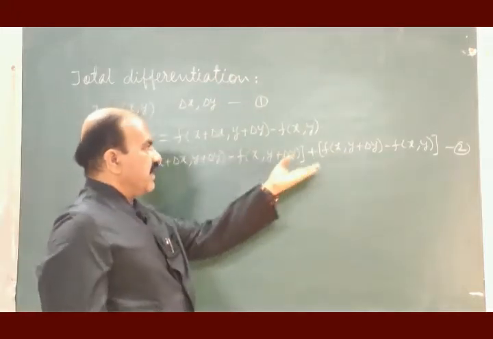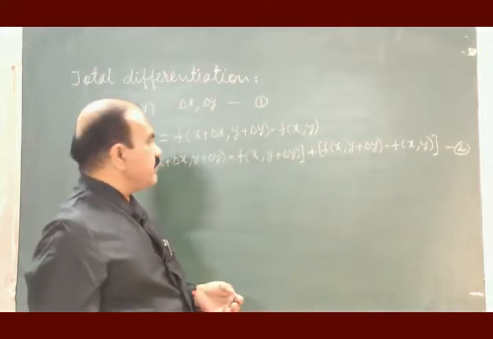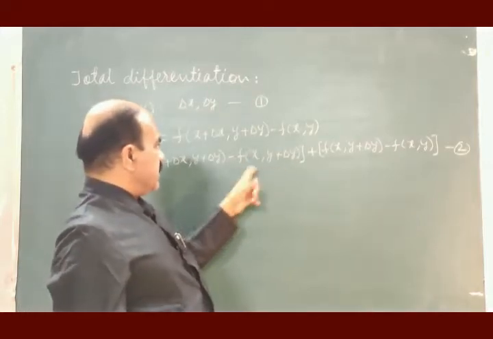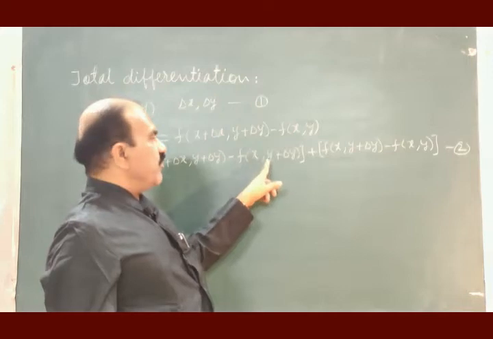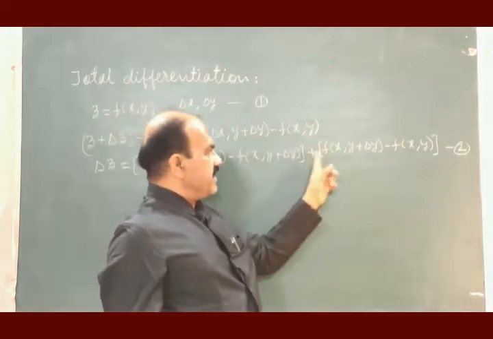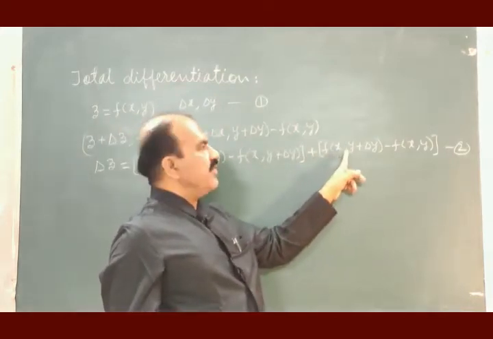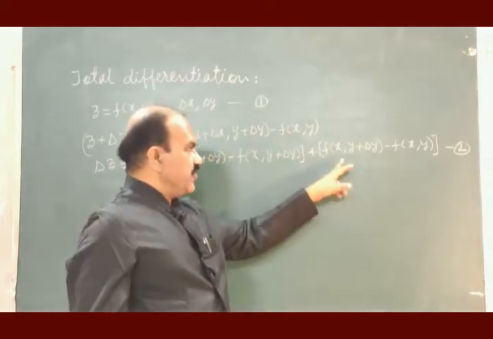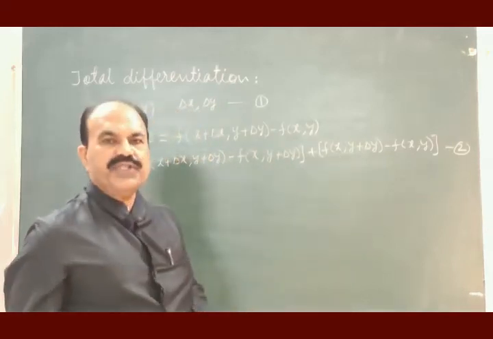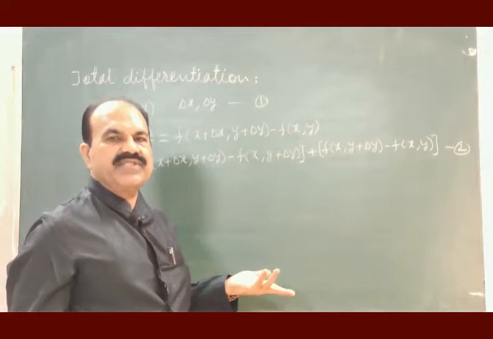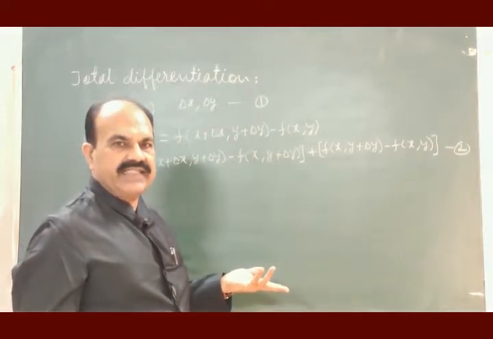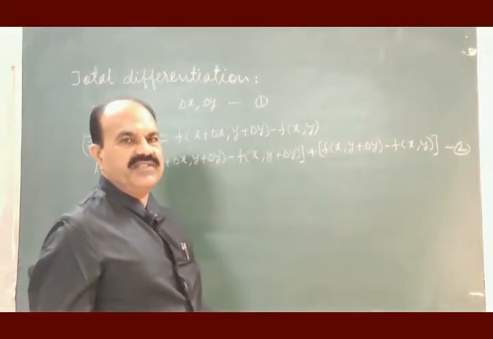Now, let us have a look here. This is minus f of x comma y plus delta y. This is plus f of x comma y plus delta y. So, these two are identical terms and they will cancel each other.